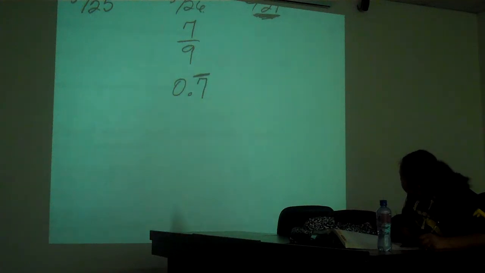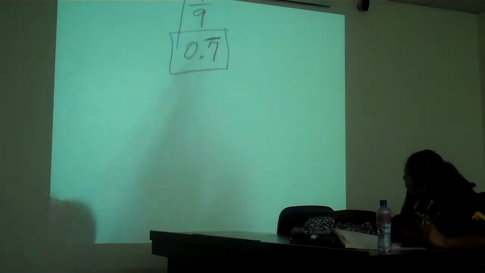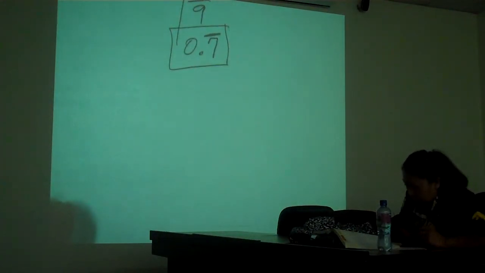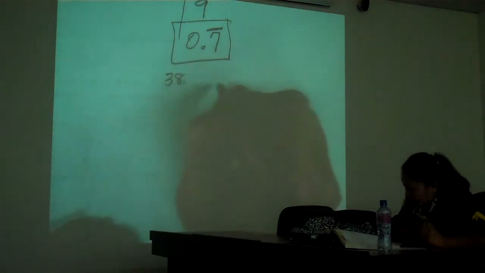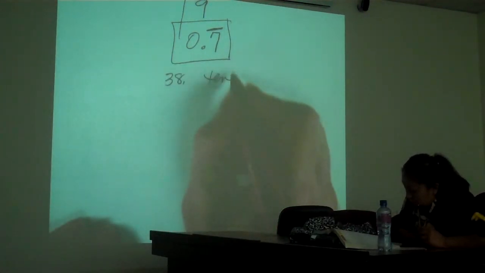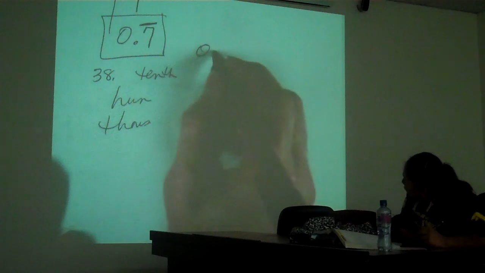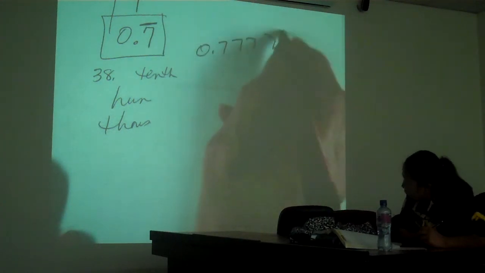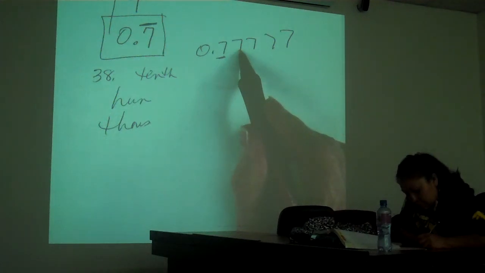Now that would be your answer to 26. If you had to do number 38, you would have 3 answers: 1 to the 10th, 1 to the 100th, and 1 to the 1000th. Rounding this number to the 10th, you would look at the next number, it would be 0.8, right?